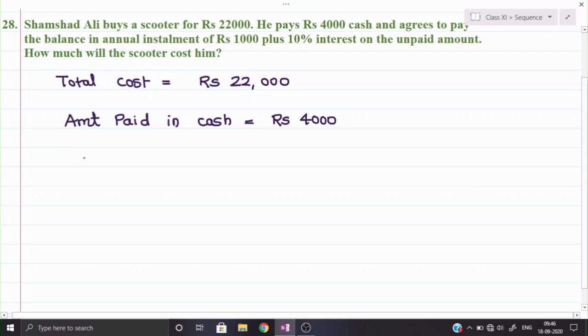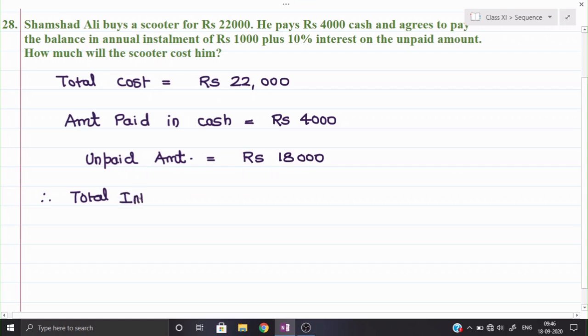Okay, and balance amount, or we can say unpaid amount, because on the unpaid amount only he is paying the interest. Whatever the amount remains, on that only we are paying the interest, that is rupees 18,000.